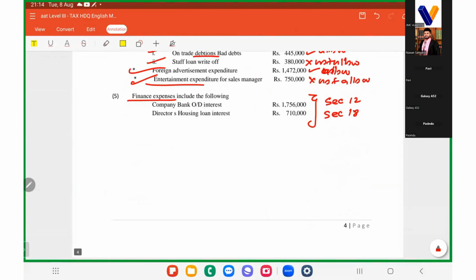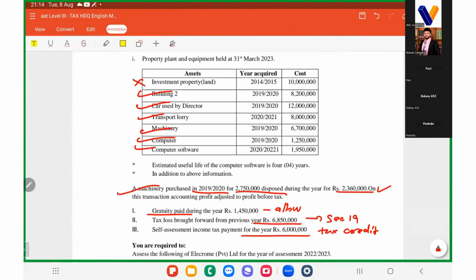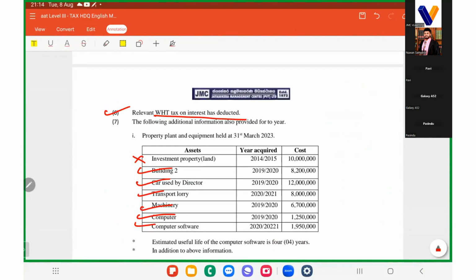Then finance expenses. Have they given any information on the loan account, the financial details to calculate under the 7th section?